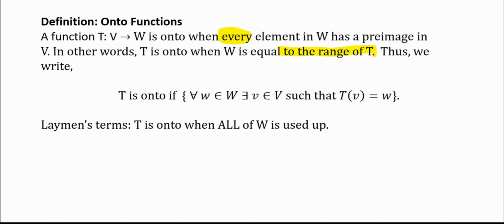Powerful statement, right? Now we can write it out formally here: T is onto if for all little w vectors that are elements in W, here the codomain, there will exist a vector V in this big vector space capital V, the domain, such that T of V is equal to W. Just to make sure you get a hold on it, T is onto when all of W is used up.